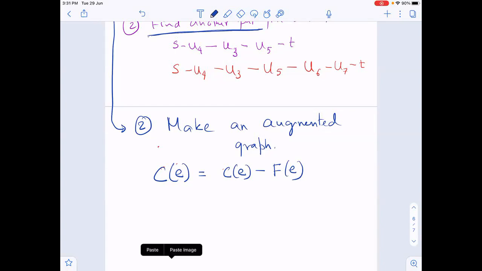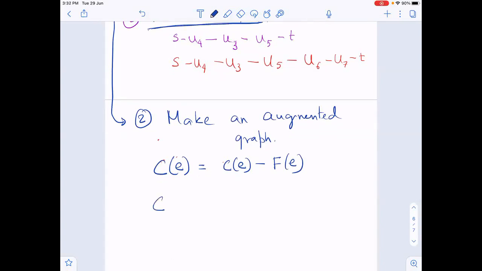And another thing is that the capacity of every UV is how much?